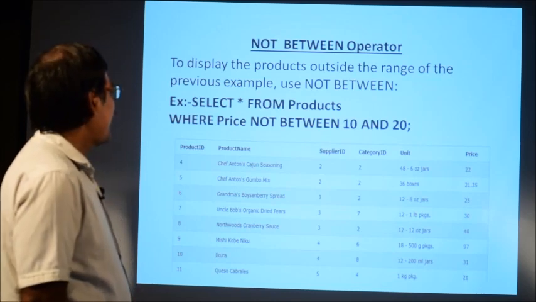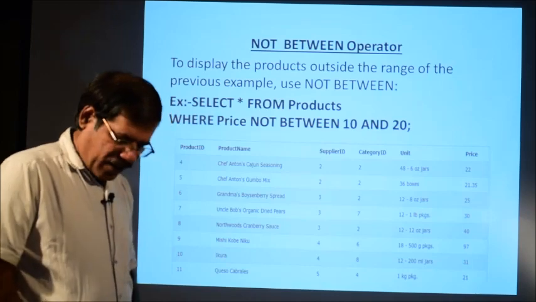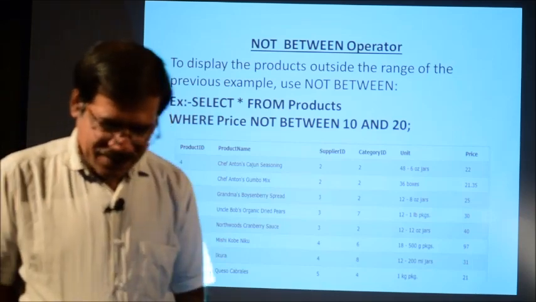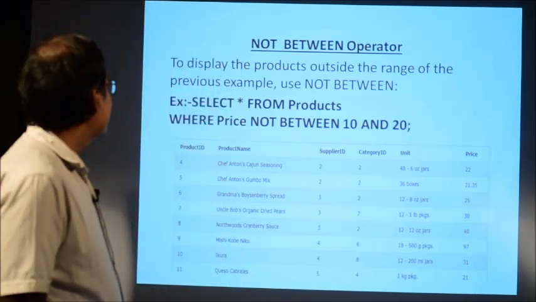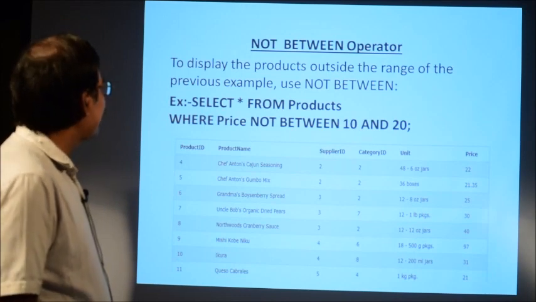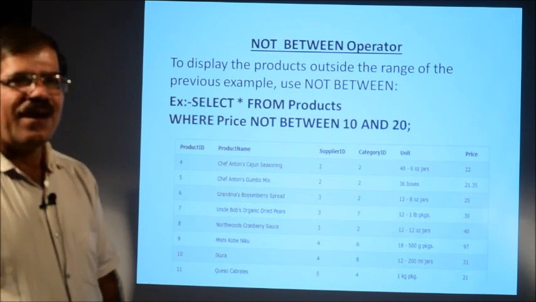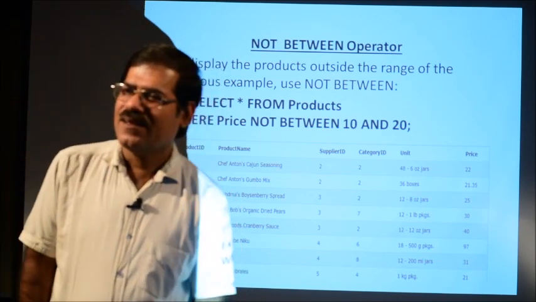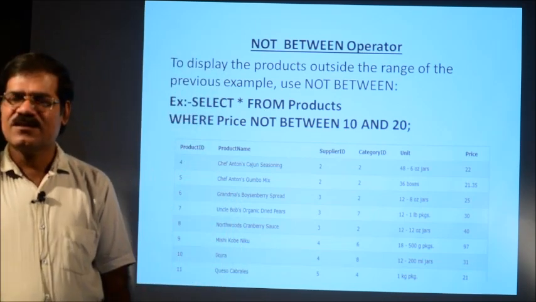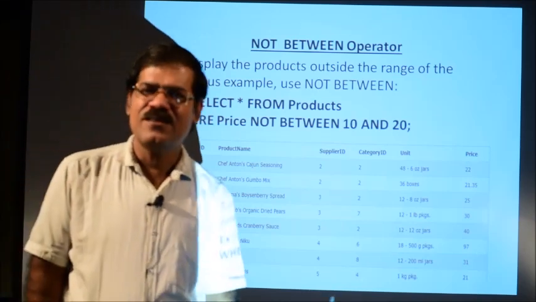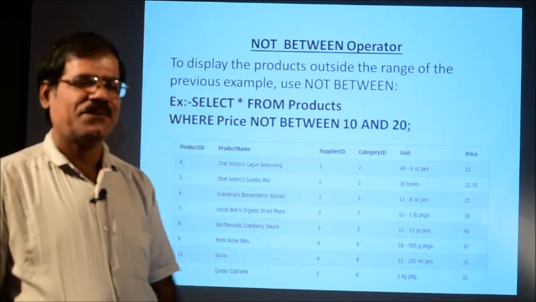Suppose my requirement is written here: to display the products outside the range of the previous example. That means show me the details of the products whose price is not between 10 and 20.